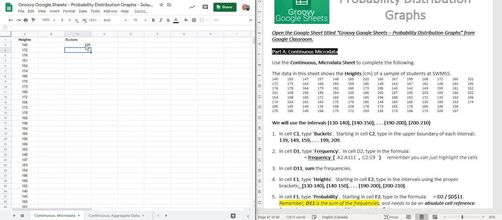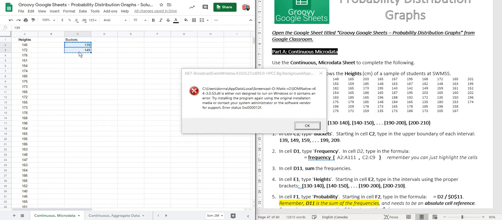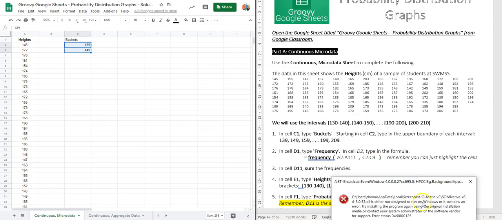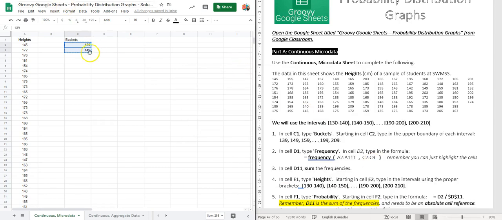And to make a pattern, you could just type in the first two, 149, and then highlight these two and copy it, Control C. And then what we're going to do is drag this down as far as we need to, which is to cell C9.